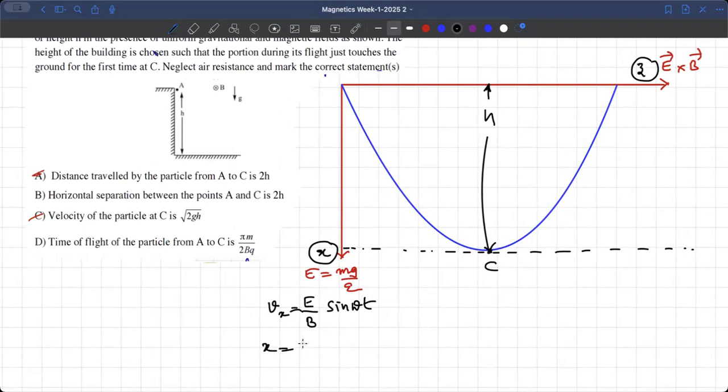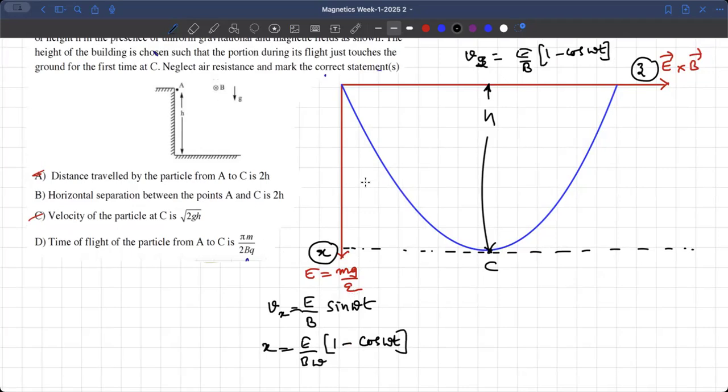And x is E by B omega into 1 minus cos omega t. And Vz is nothing but E by B into 1 minus cos omega t.